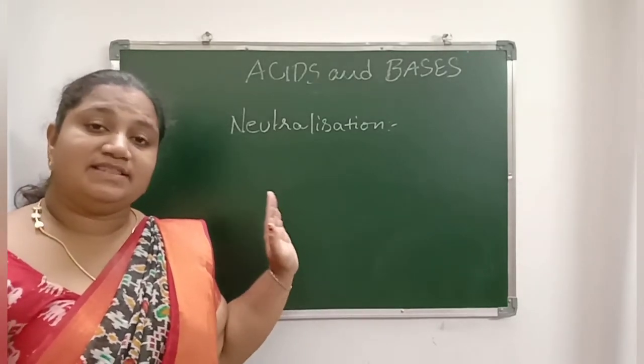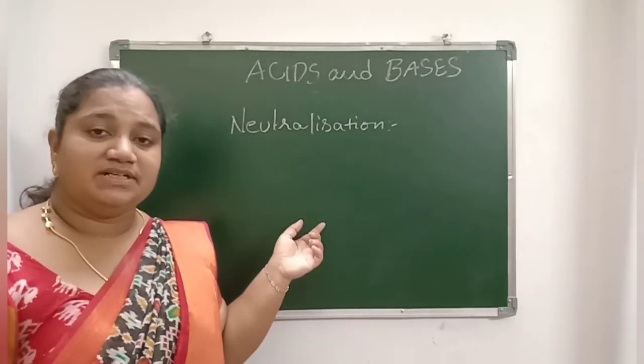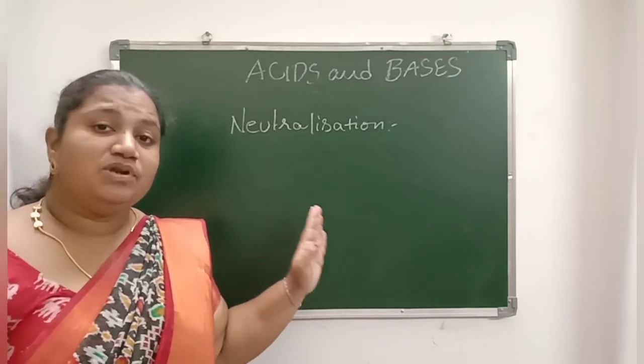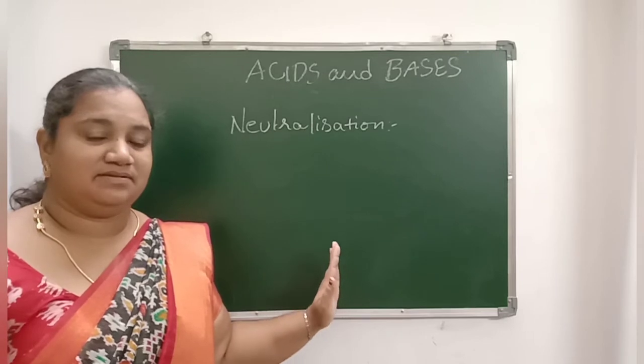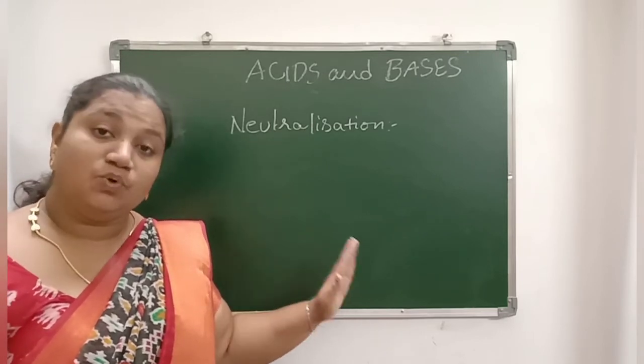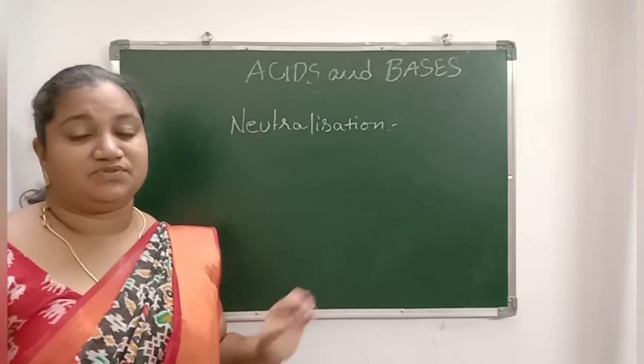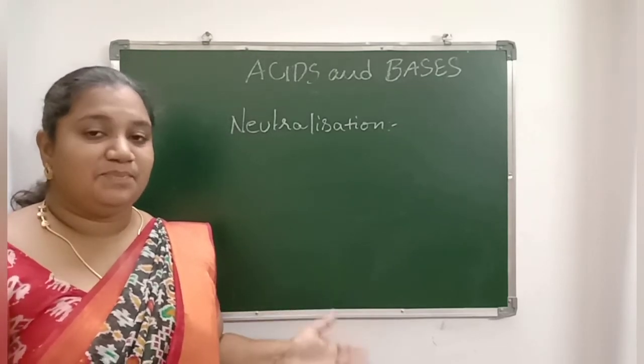Whenever you take the litmus papers, if the red turns to blue, it is a base. If the blue remains blue and the red remains red, then it is a neutral substance. We already discussed this in the previous class.